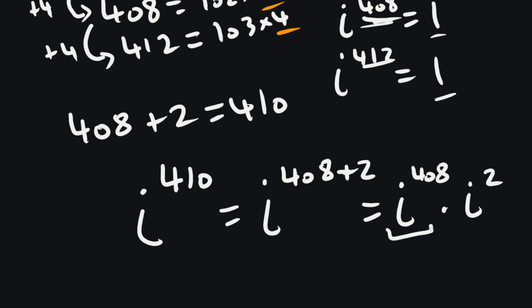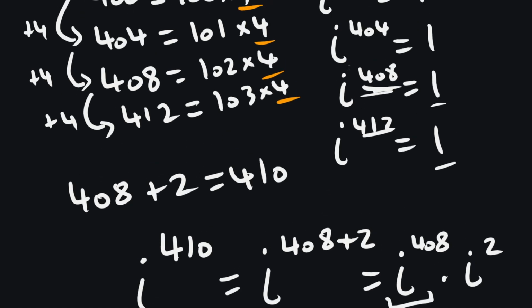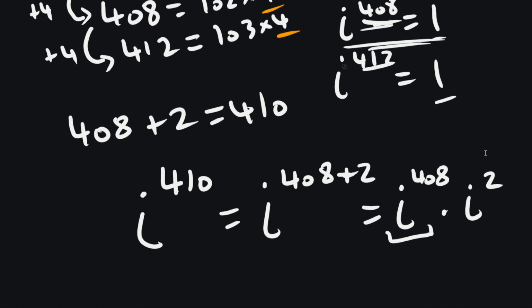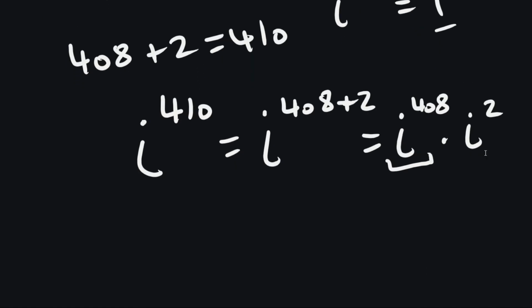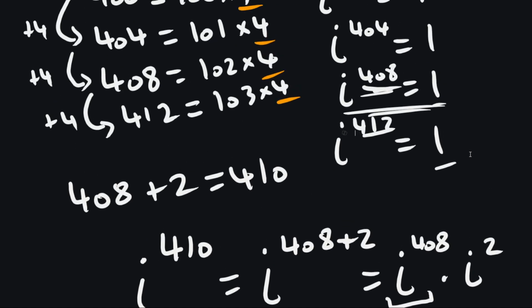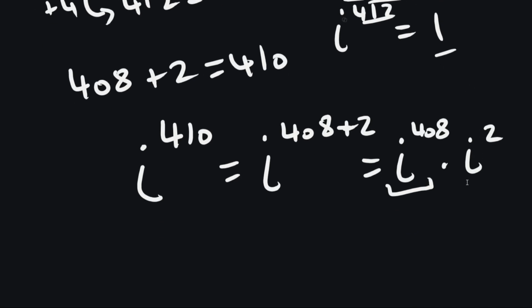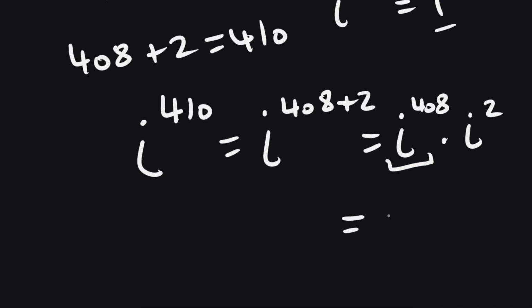What's i to the 408? Well, we just determined up here, i to the 408 equals 1 because 408 has a factor of 4. 408 equals 4 times some whole number. Therefore, i to the 408 is 1. So this is 1 times i squared.